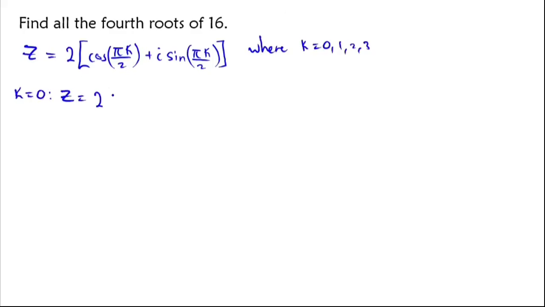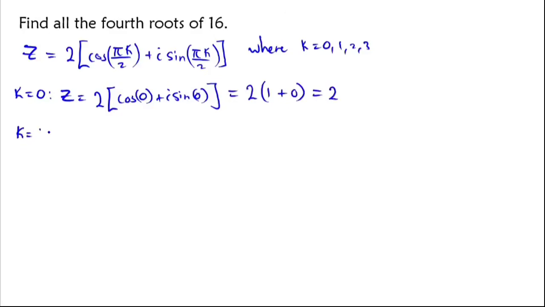Z will be 2, open bracket, cos 0 plus i sine 0. So this will be equal to 2, cos 0 is 1, sine 0 is 0, so this just leaves us with 2. How about when k is 1? What is z? Z will be 2, open bracket, cos.